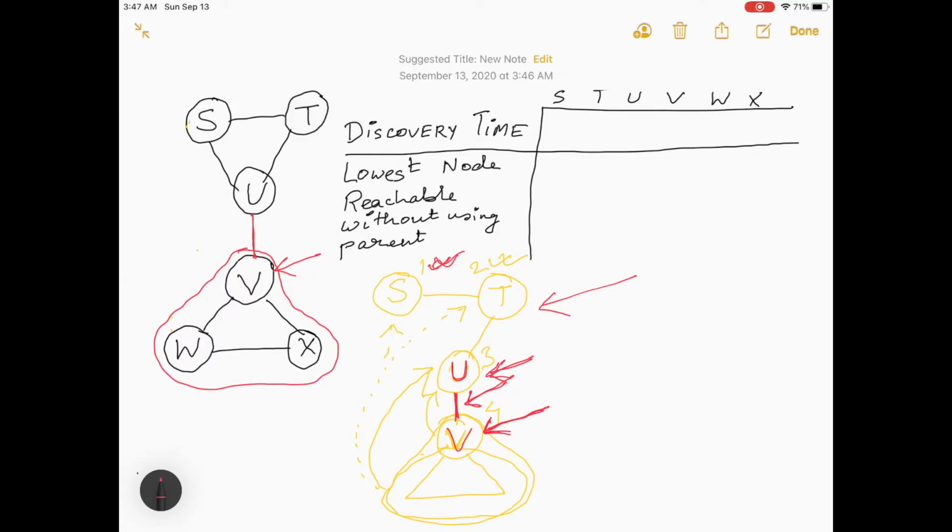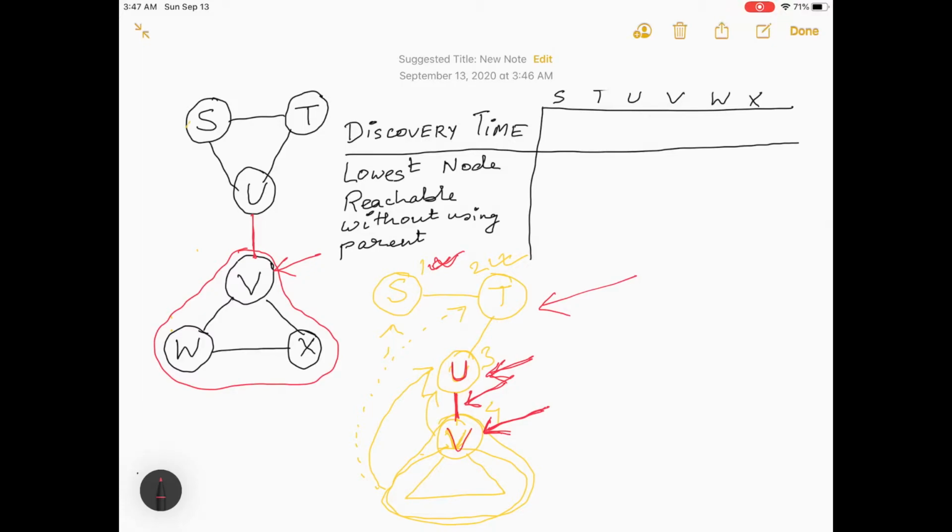And in the articulation points discussion, we have already discussed how we compute the earliest discovered node reachable from a node using its descendants and one back edge. We have already discussed that if one of the adjacent nodes happens to be an ancestor in the DFS spanning tree, then we compare the current earliest discovered node reachable of the current node with the discovery time of the adjacent node, which is an ancestor, and we take the minimum.